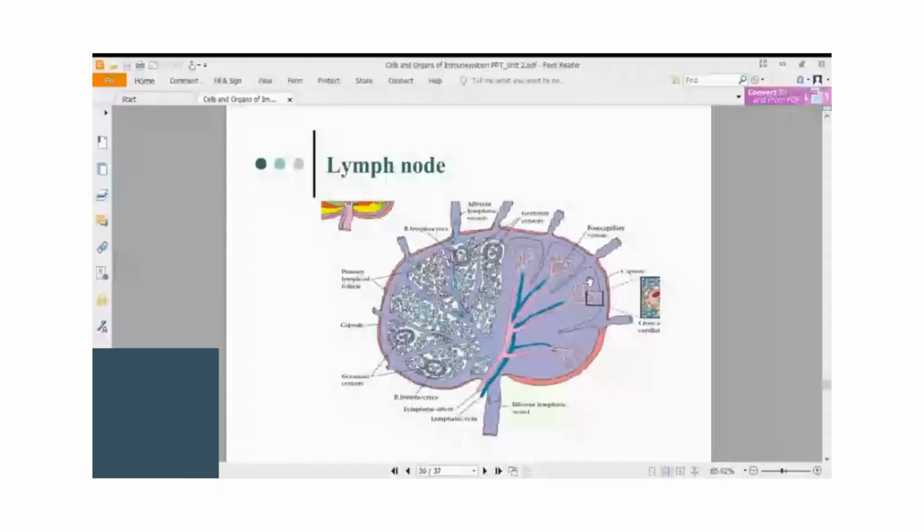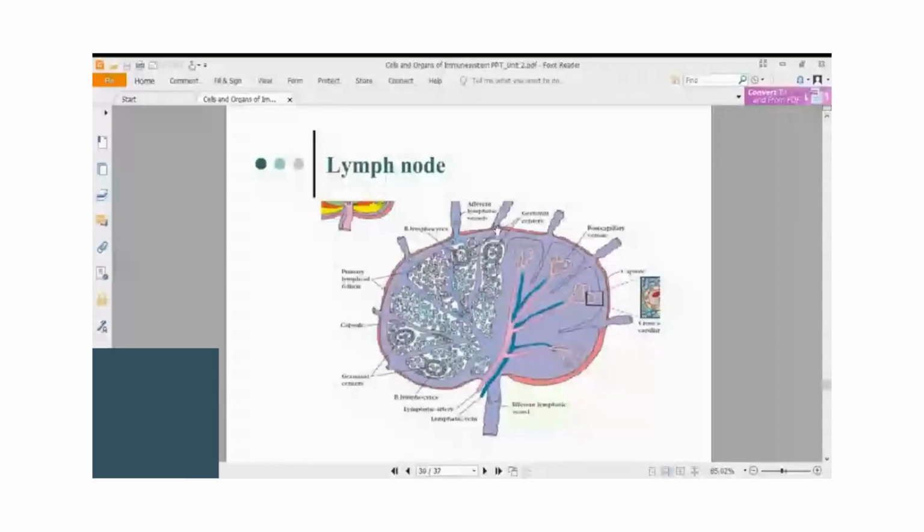The periphery contains a large number of lymphoid follicles, and those are the primary lymphoid follicles. Primary means they have not yet committed to the antigen. Primary lymphoid follicles will be there on the periphery, and they are rich with B lymphocytes.